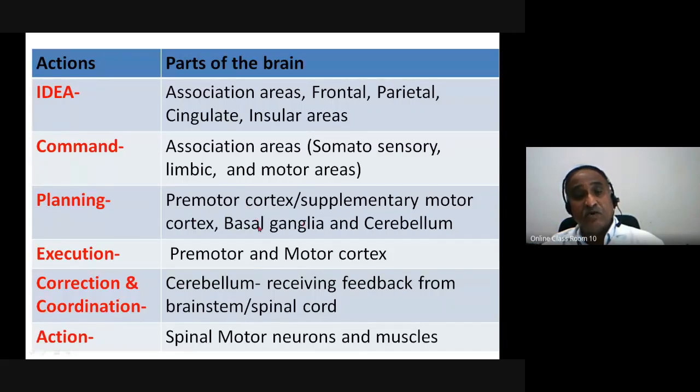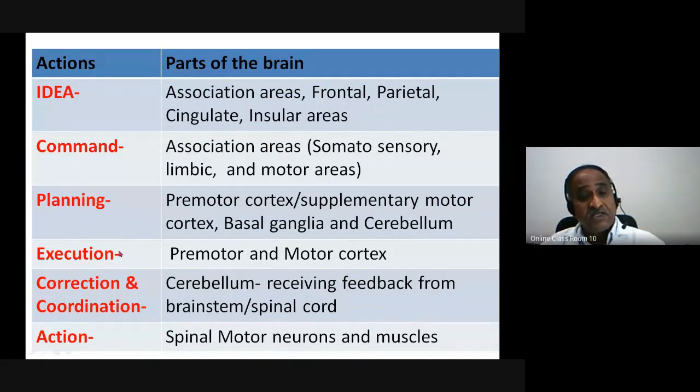This planning and programming are sent to the premotor and motor cortex, in association with the basal ganglia and cerebellum, for execution, for performing.